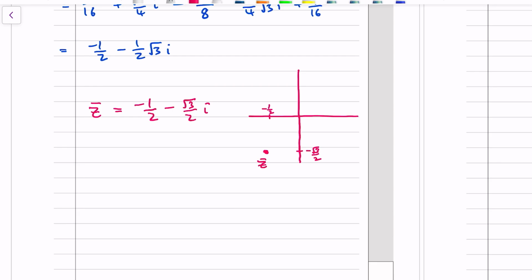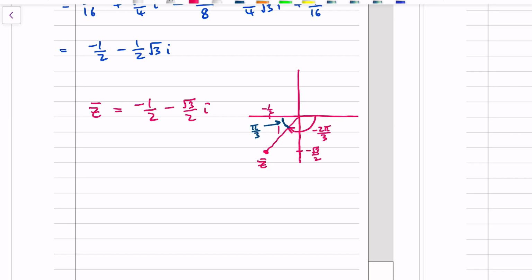I'll leave you to fill in these details, but you can find that this hypotenuse here is 1, and the angle is this way. If we go that way, it's a negative angle. Turns out to be minus 2 pi over 3. Okay, I found that using trig. This angle there is pi over 3, or 60 degrees, which means that the argument for this problem is negative 120 degrees.